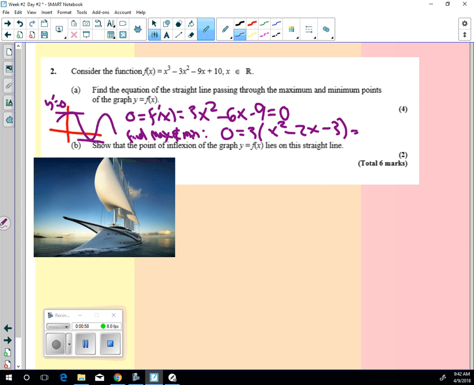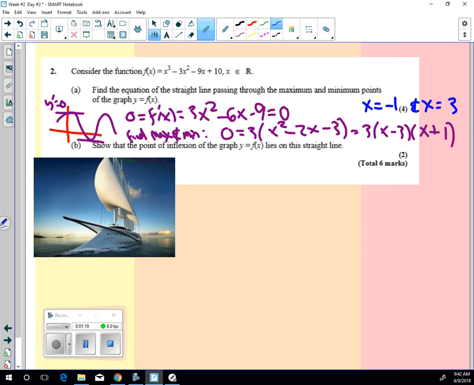And that'll factor into x minus 3 and x plus 1. Does that give us negative 2 for the middle? All right, so we're going to have 2 values, x equal to negative 1 and x equal to 3.